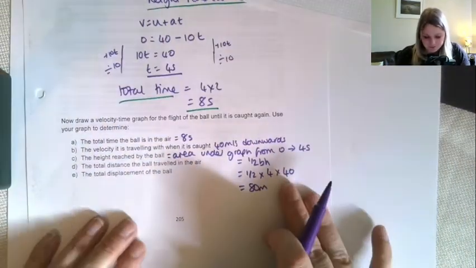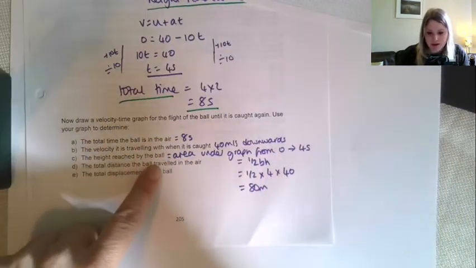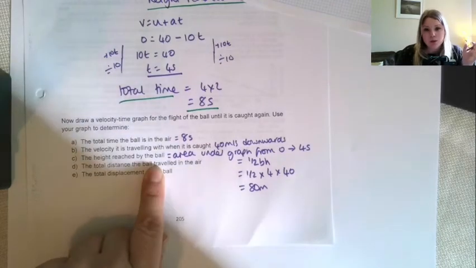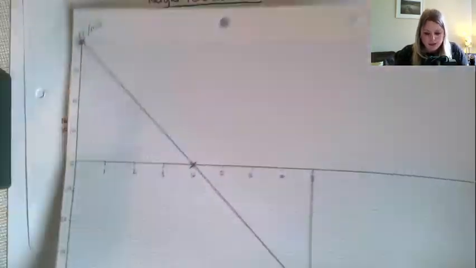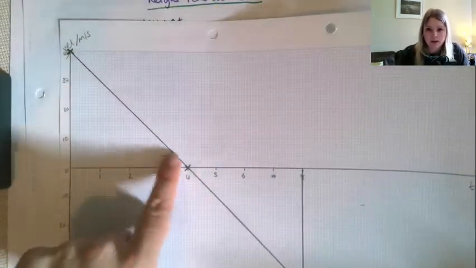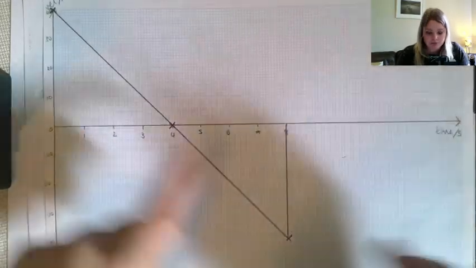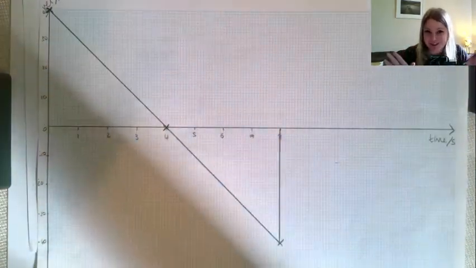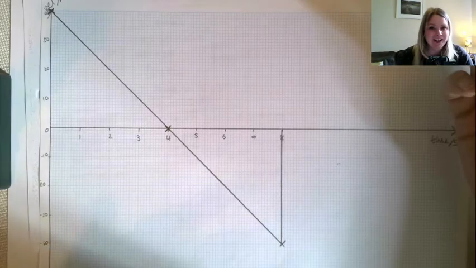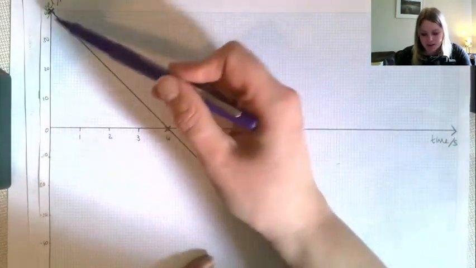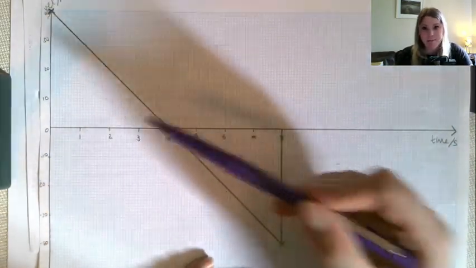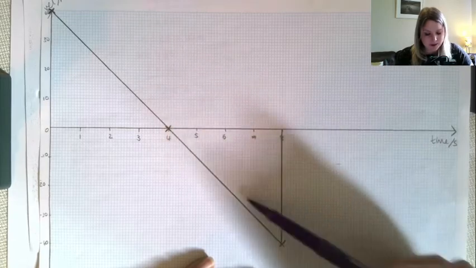Good. So the total distance the ball has travelled in the air is going to be the total area underneath this graph. So it's going to be this area plus this area here.